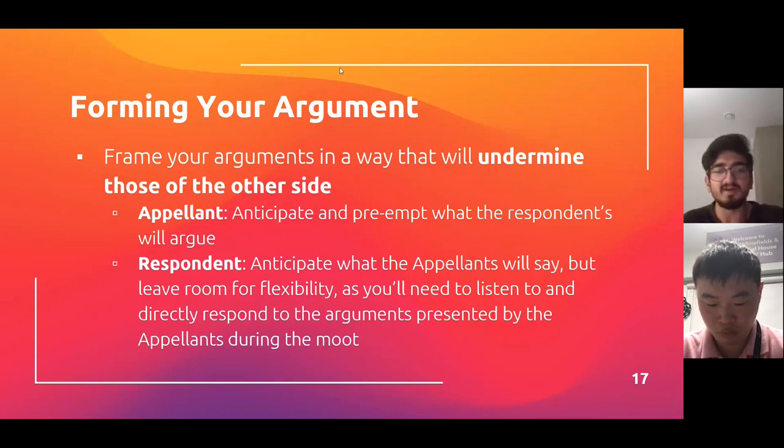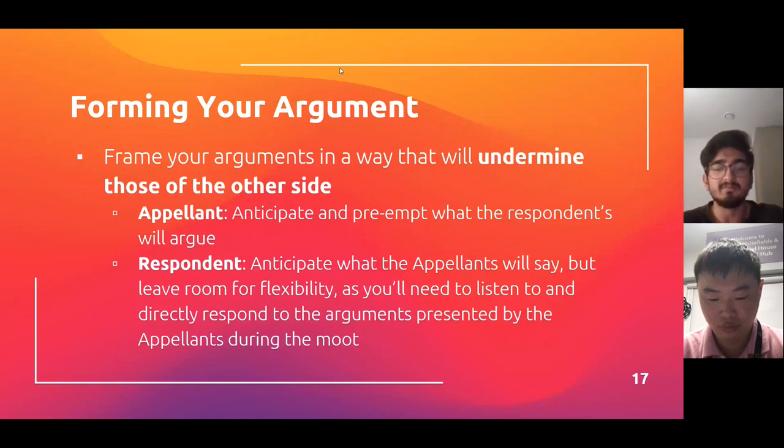If you're the respondent, again, when you get the skeleton argument from the appellants, or after reading case reports or researching the area of law which is relevant to the moot, make sure to anticipate what the appellants will say, but do leave room for flexibility, because obviously a lot is said during the oral submissions, and that's when you can really get a better sense or a more detailed version of the appellant's argument.